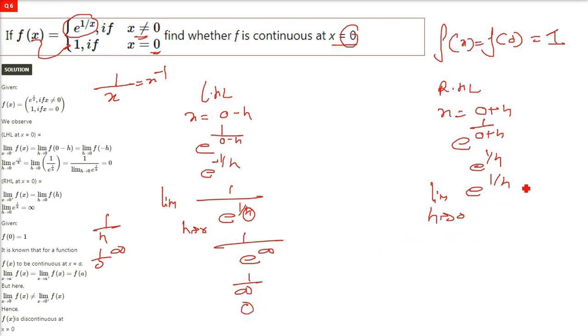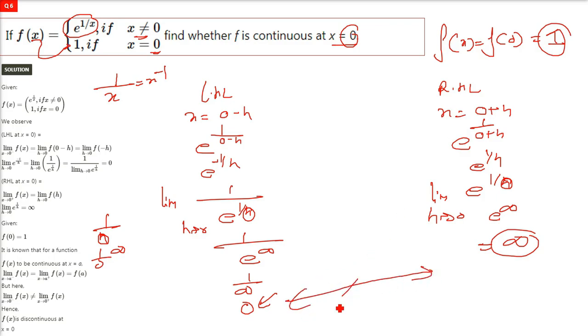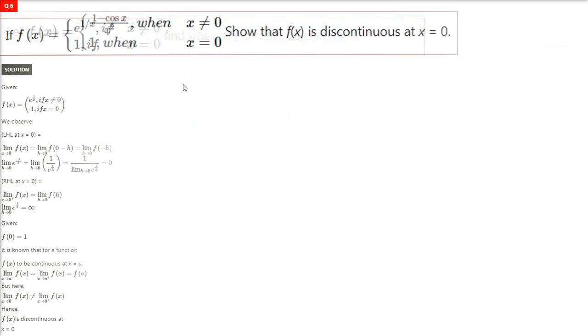Here also on the right hand side, e raised 1 by 0, so 1 by 0 is infinity, e raised to the power infinity, same logic, it is going to be infinity. So this is 0 and this is infinity, and the value is 1, so neither are the left and right hand limits equal, nor are they equal to the value at x equals 0. So you can easily say it is discontinuous.